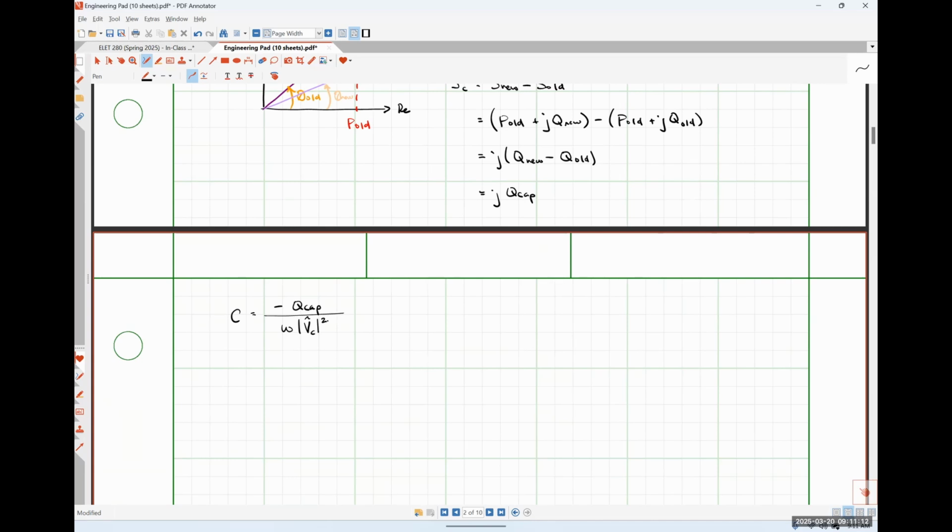Now, this relationship is 100% correct, but it's not particularly easy to use because it's not intuitive as to how we would input information about, let's say, what our target power factor is or what our current power factor is or anything like that. So we can actually expand on this relationship a little bit.